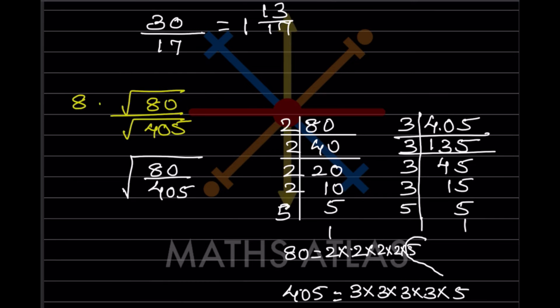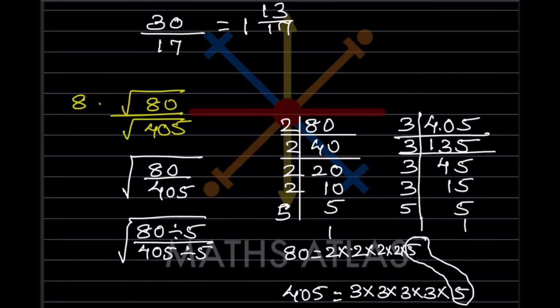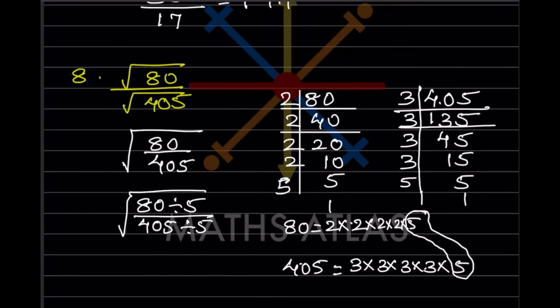So now only the common here is 5. So what are we going to do here? Here we'll do one thing, we are going to divide it by 5. So when you take the HCF, it will be a perfect one. So instead of doing the simplification orally, HCF works here. So this is going to be 16 divided by, this will be 81.